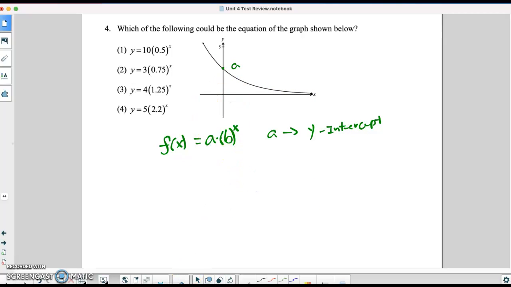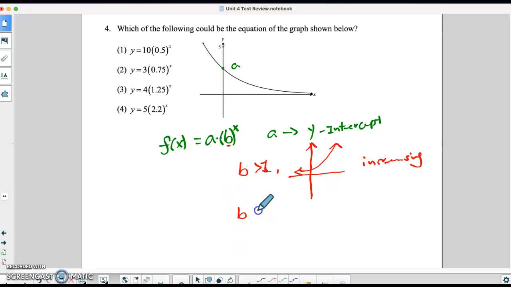The b, the base, tells you how the graph looks. If b is greater than 1, the graph looks like this, which means it's increasing.